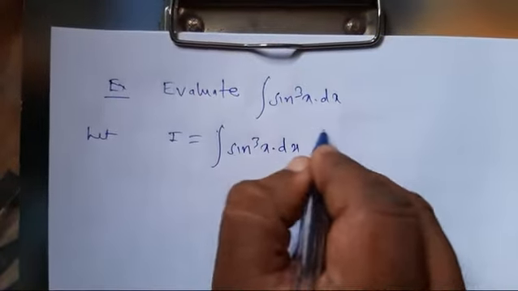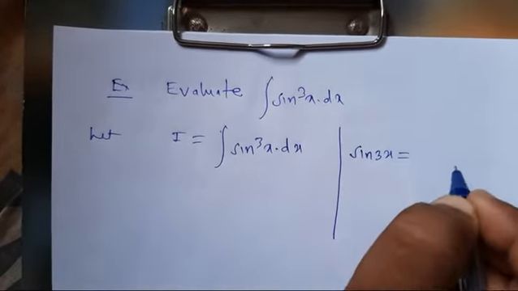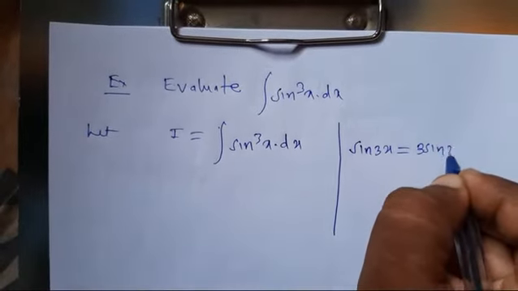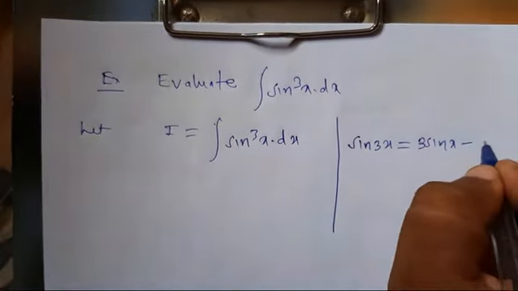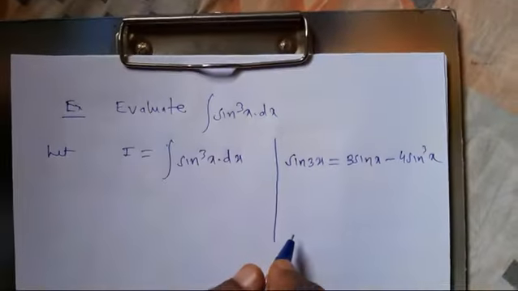We know that sine 3 theta equal to 3 sine theta minus 4 sine cube theta, that is sine 3x equal to 3 sine x minus 4 sine cube x. We have this formula.